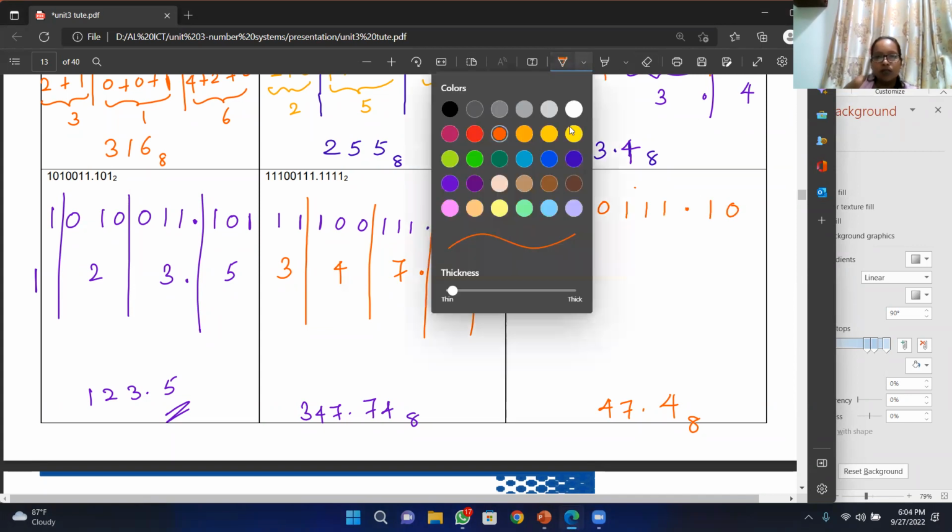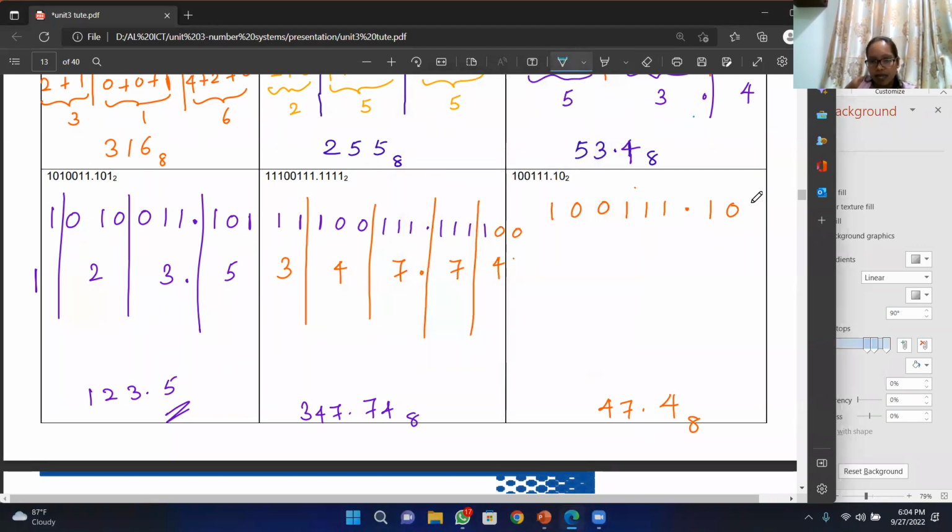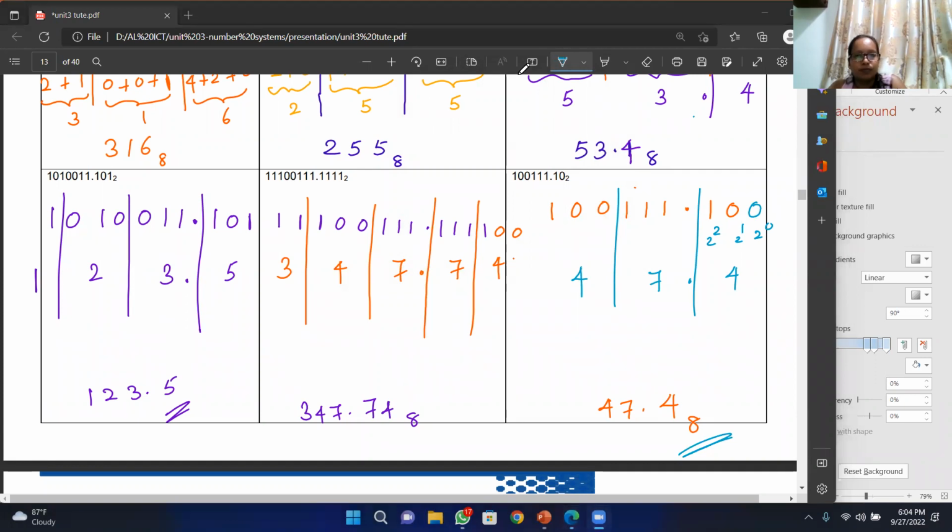So there also we have to add a separate extra 0 here. That is now to the power 0, to the power 1, to the power 2. 47.4.